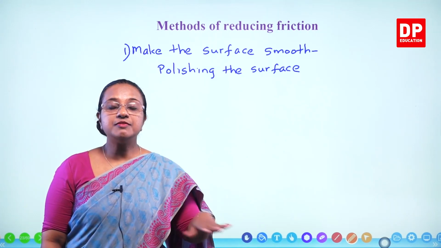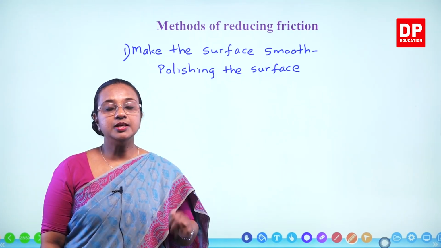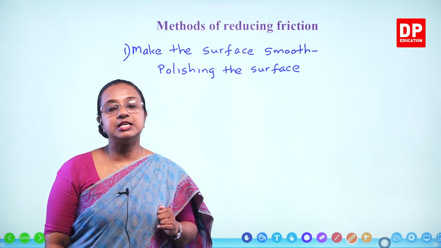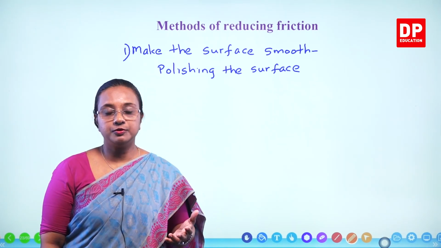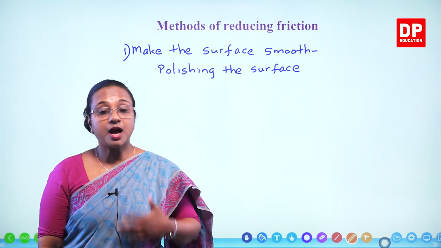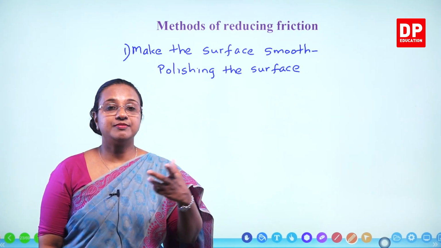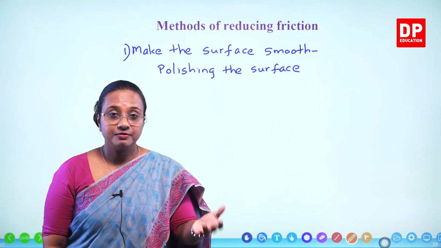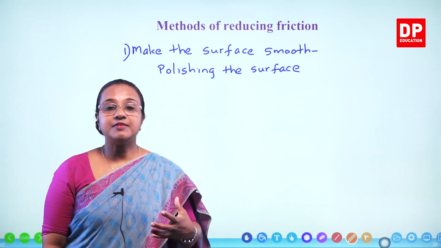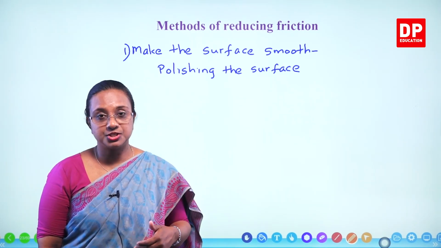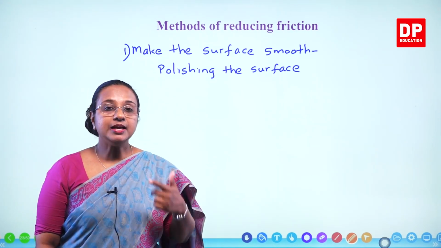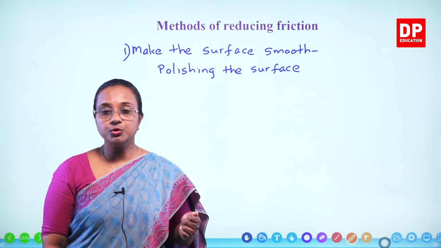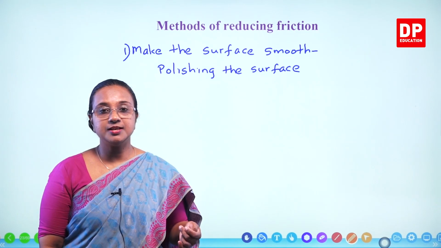If you polish the floor, if it becomes smoother, then it will be easier to walk on the floor. But if it becomes too smooth or if there is oil on the floor, then you can fall because there will be very little friction. So by making the surface smooth, we can reduce friction.